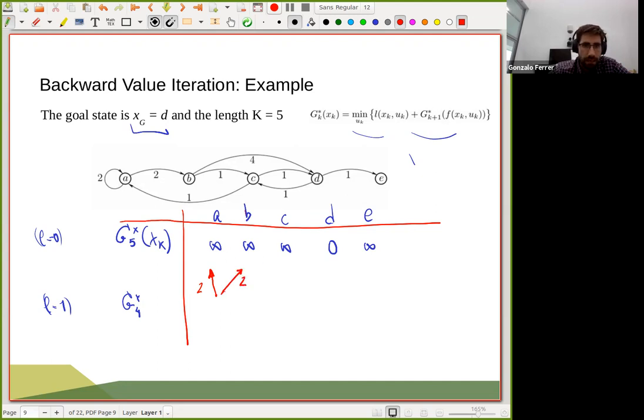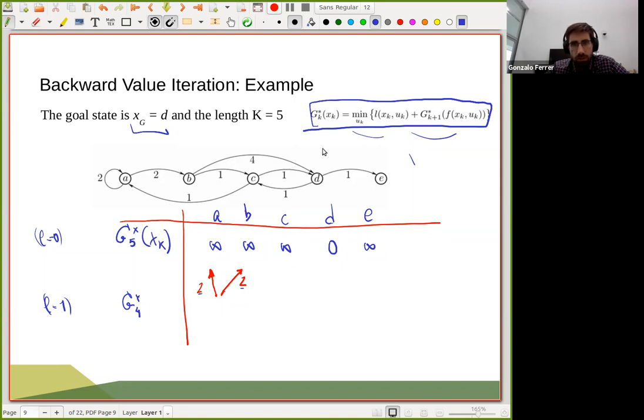So if we follow this definition on the backward value iteration, we need to minimize with respect to the action, adding the cost of these edges plus the cost to go from the previous iteration.